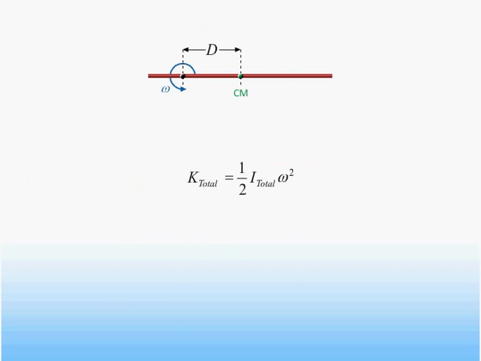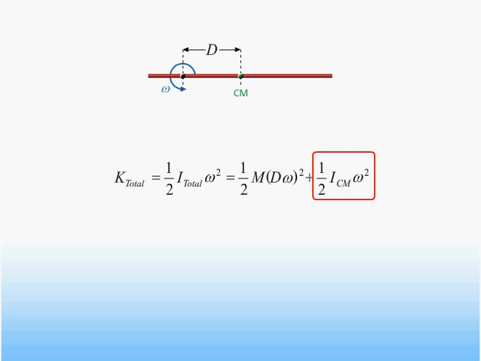Now we know this kinetic energy must be equal to the sum of the kinetic energy of the center of mass and the kinetic energy relative to the center of mass. Now the velocity of the center of mass in the lab frame is just equal to d times omega. And the kinetic energy relative to the center of mass is just equal to 1/2 times the moment of inertia about this parallel axis times the square of the angular velocity.